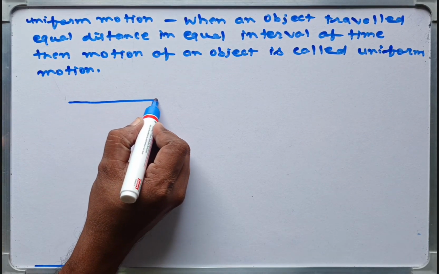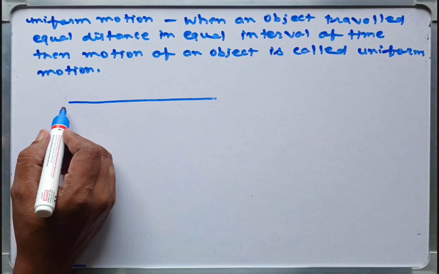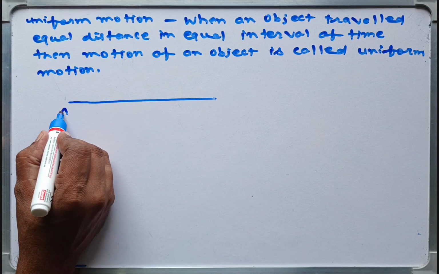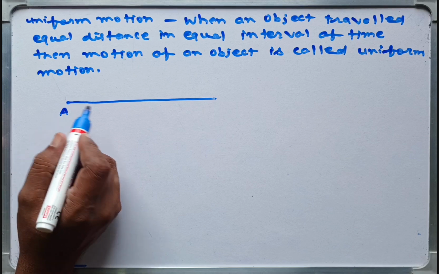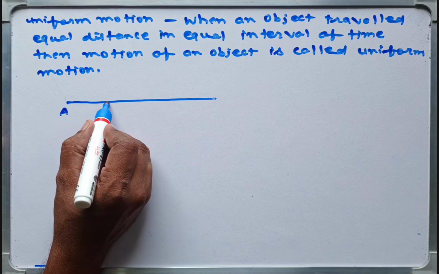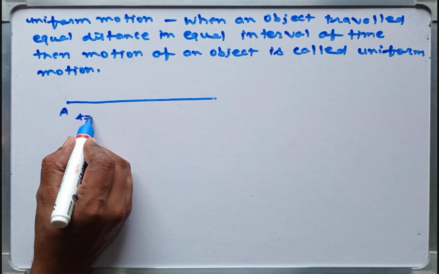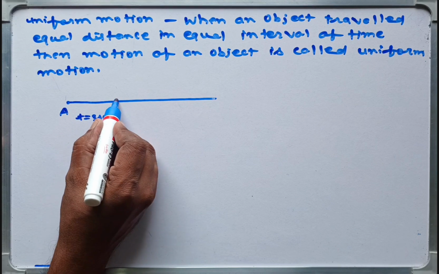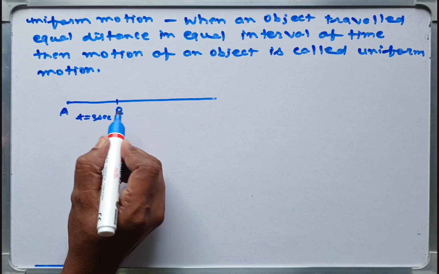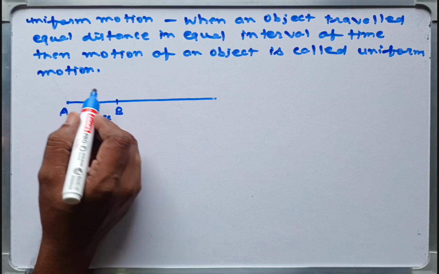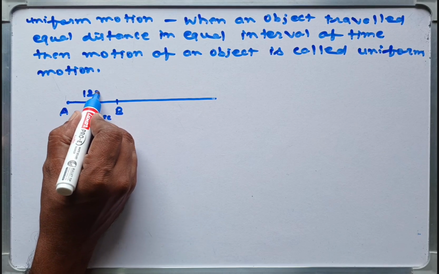See, a particle is moving on a straight line. Suppose it starts moving at point A, and after t equal to 3 seconds it goes to point B and covers a distance of 12 meter.